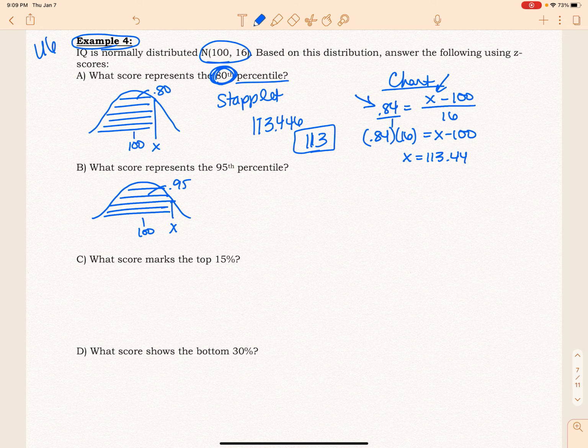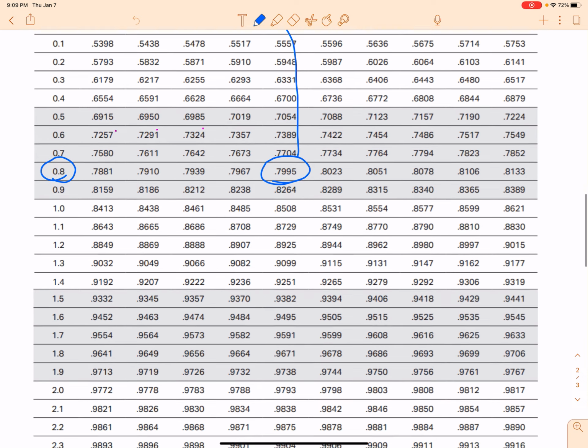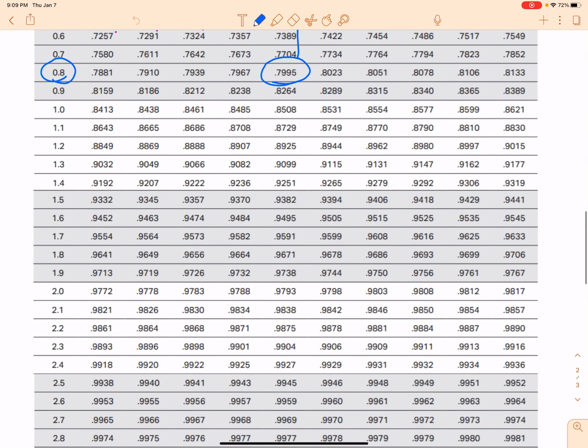So using the chart, I'm going to find an area as close to 0.95 as I can. So I'm just going to look down through here. Which one's the closest? Well, I've got 0.9505 and I've got 0.9495. Well, they're the same distance away from 0.95, so use whichever one you want. I really don't care. So I'm just going to use 1.64, this one right here.